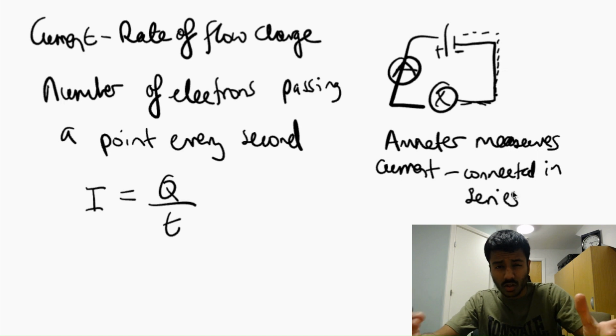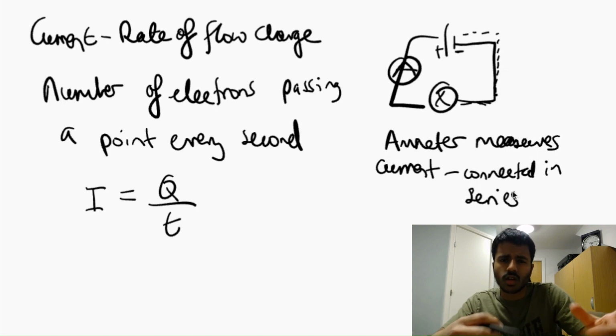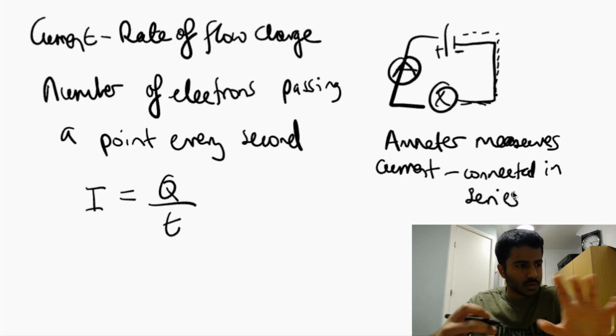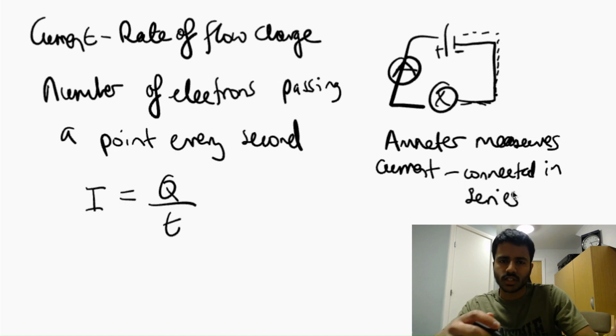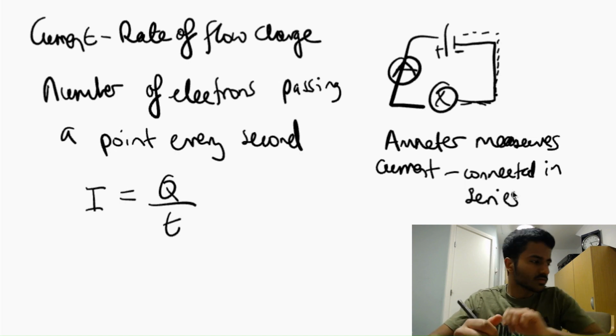We're going to go into series and parallel in another video in a bit more detail. Just take it for granted for now what that means. Ammeters are always connected in series.